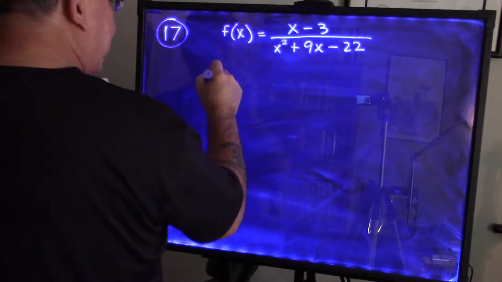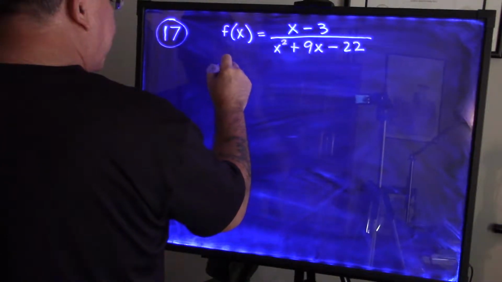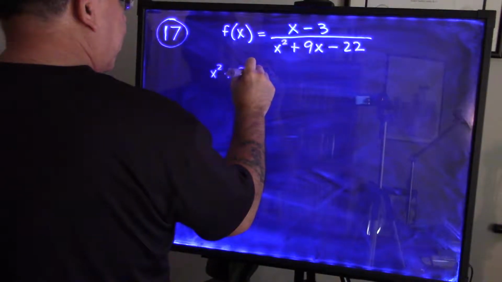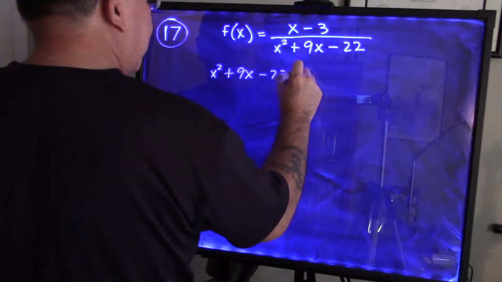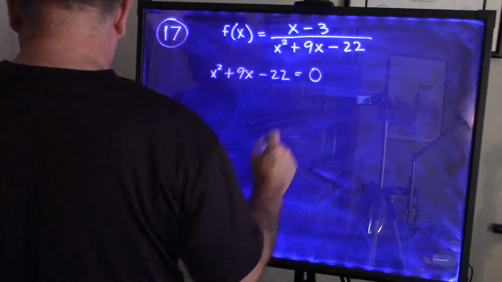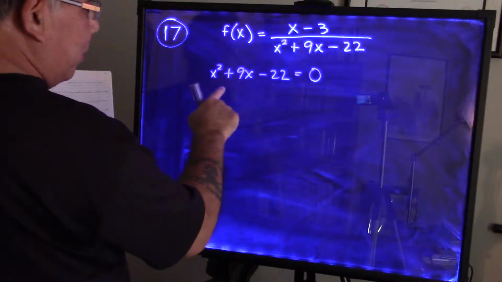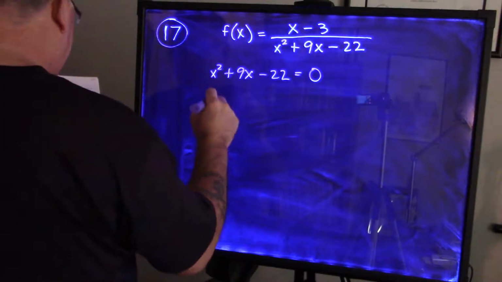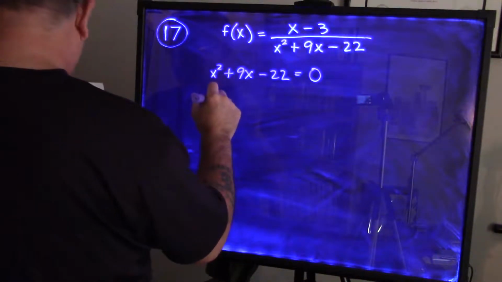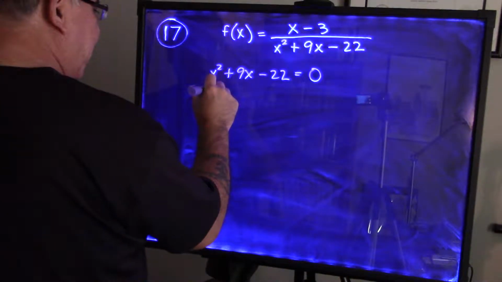Alright, so we've got x squared plus 9x minus 22 equals 0. I checked to see if I can do any common factoring first, but there isn't any. So you can factor this. This is (x plus 11)(x minus 2).